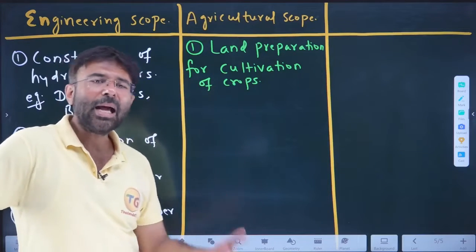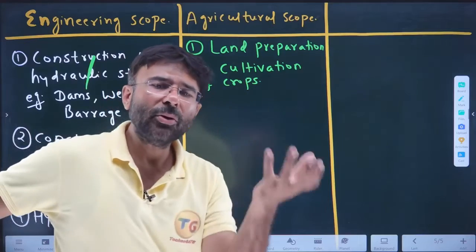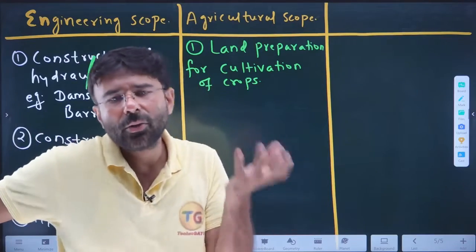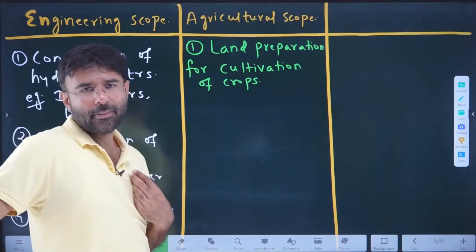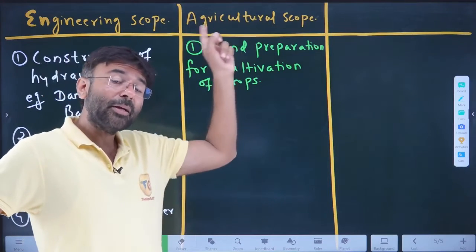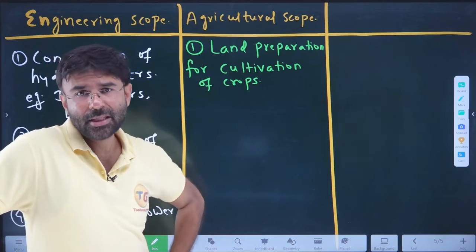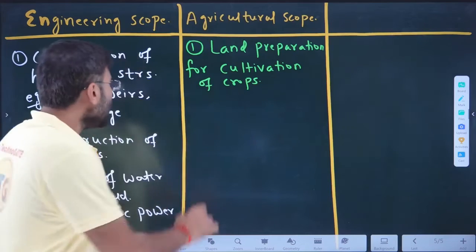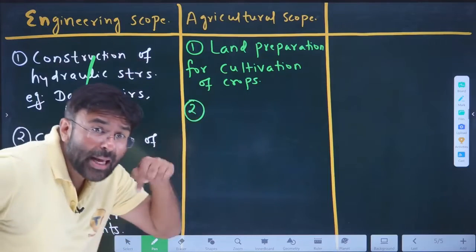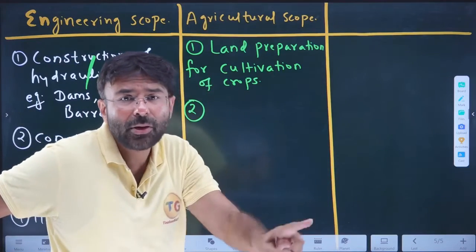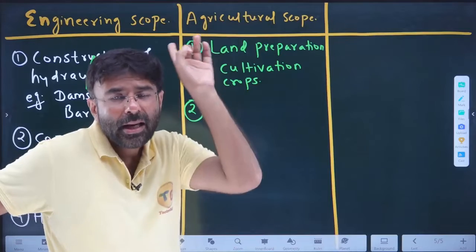I am not interested that during the monsoon season wheat is grown, during the summer season any other crop is grown. Who is interested? A person who is directly associated with agriculture. So the second is understanding the crop pattern, understanding the type of crop that should be grown on a particular land in a particular season.